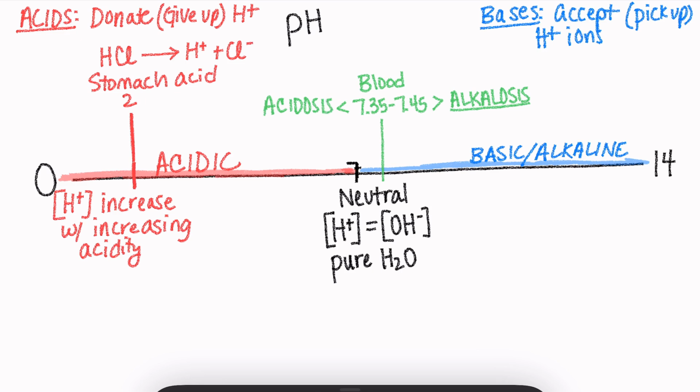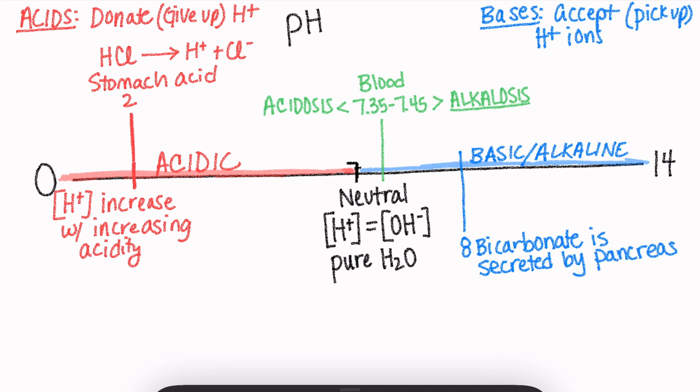To give a good example of a substance that is a little bit alkaline in the body to contrast that very low pH of stomach acid, we can look at bicarbonate, which has a pH of about 8. And bicarbonate, it's like baking soda basically, is secreted by your pancreas, and it goes into the small intestine, and then it neutralizes the stomach acid.